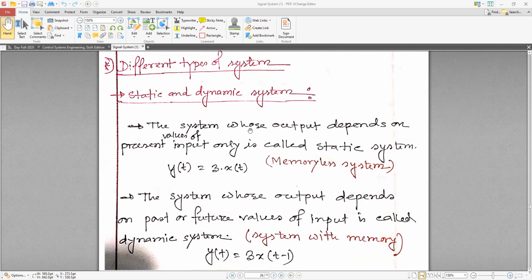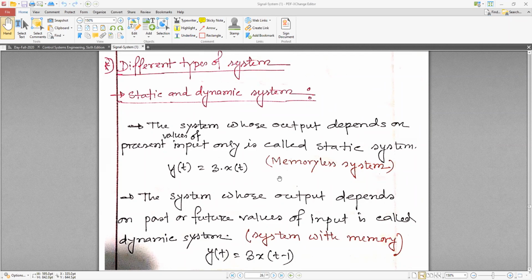The system whose output depends on the present value of the input only is called a static system. That means it depends on the present value. y of t is equal to 3 of x(t). It depends on the present values only. It is a memory-less system. It does not contain any previous memory.